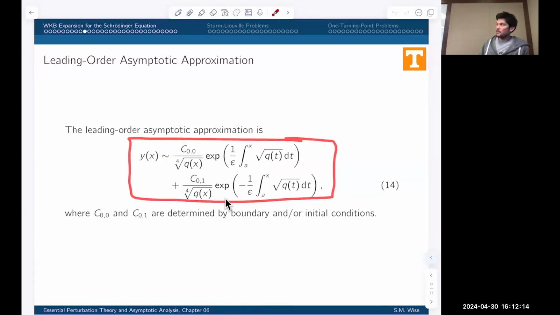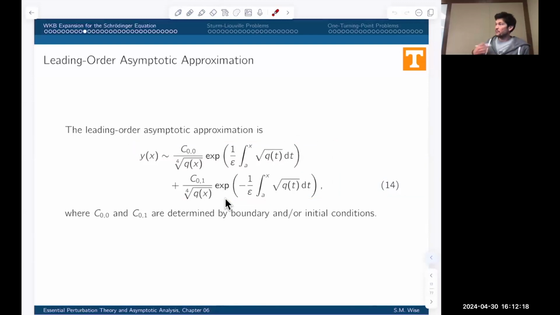This is our leading order WKB approximation for solutions of the Schrodinger equation. To remind you, that Schrodinger equation had in it a highest order term, epsilon squared y double prime, minus q of x, y of x equals 0. Epsilon is a small parameter.